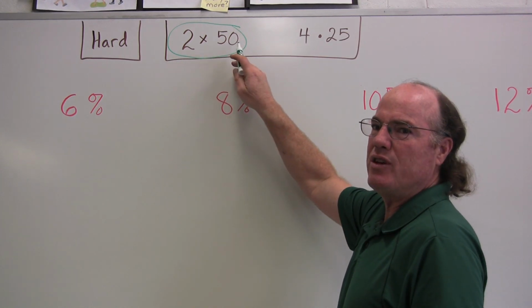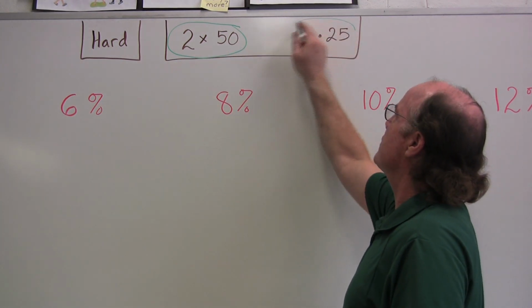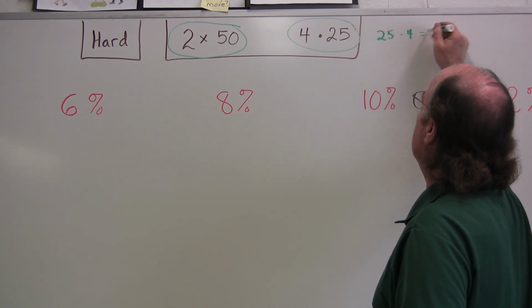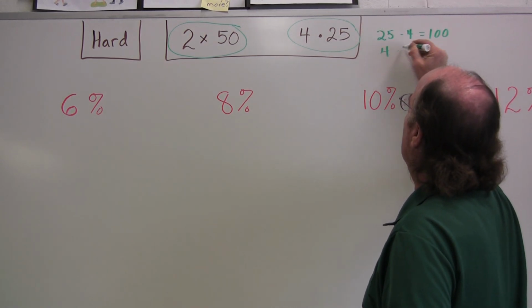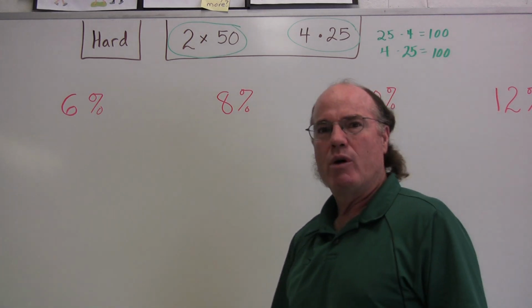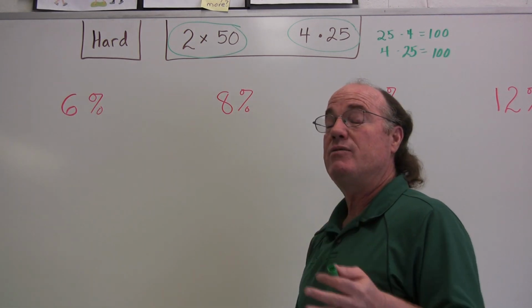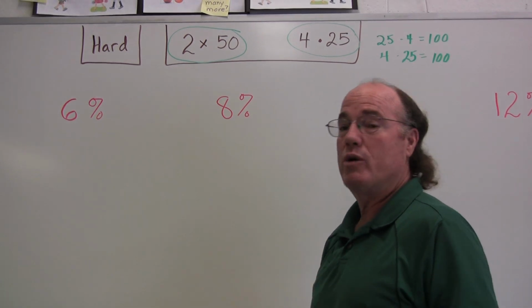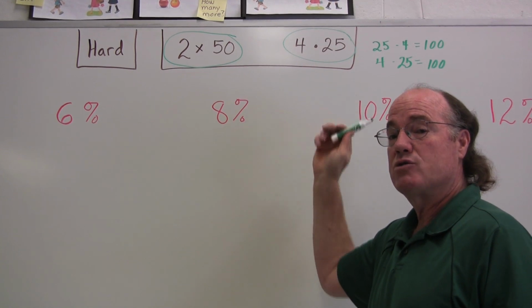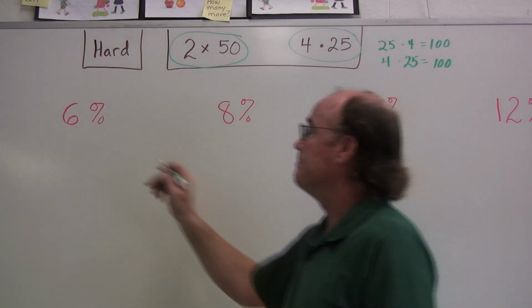Remember 2 times 50, and also remember 4 times 25. Just like 25 times 4 is 100, 4 times 25 is 100. Okay? Now what I've done is I've set up the even numbers where 2 and 4 can go into them from 6 all the way to 14. So let's just see how these work.